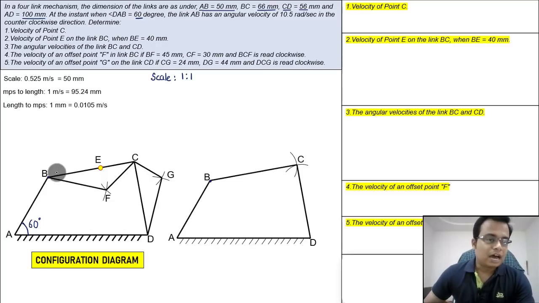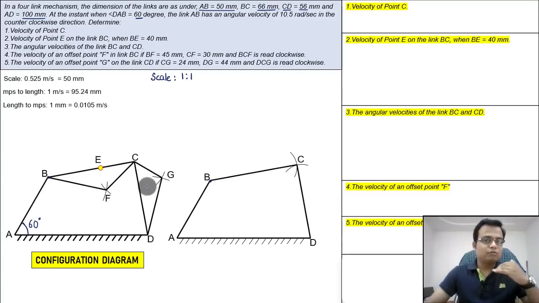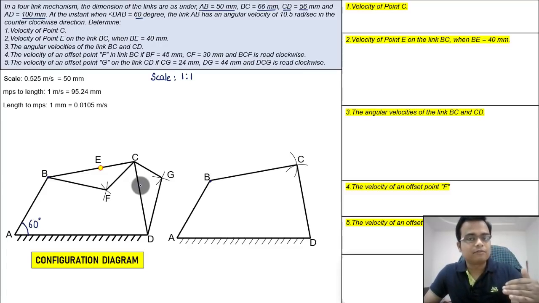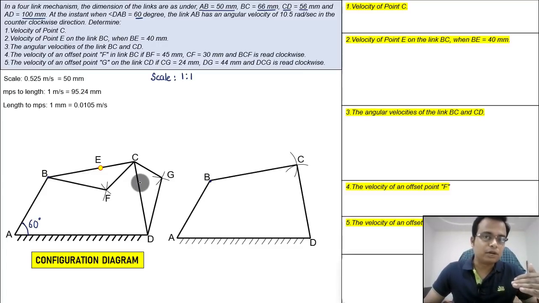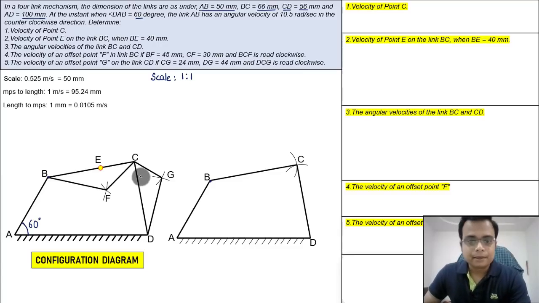Now we have a projected portion in this link BC, and also in link CD, and we are going to make that also. Once we recreate the configuration diagram, it's going to get very easy for us to make the corresponding velocity diagram. So point F, let's read about point F. Although it has been given in this 4th part, there is an offset point F in the link BC.